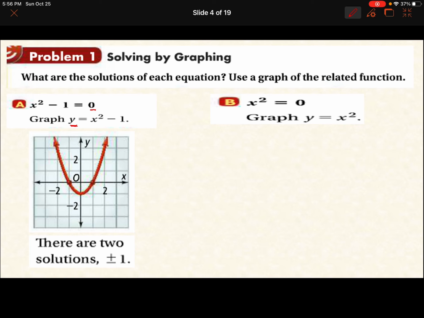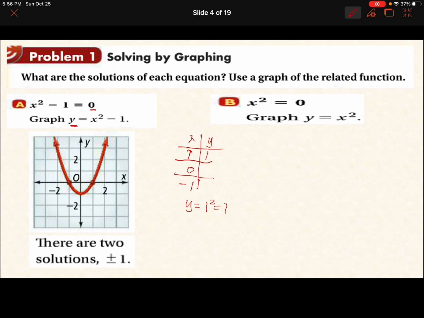We're going to make a table of values again. Let us say we have here 1, 0, negative 1. What is the value of y if x is equal to 1? So 1 squared is equal to 1. So y is 1 when x is 1.